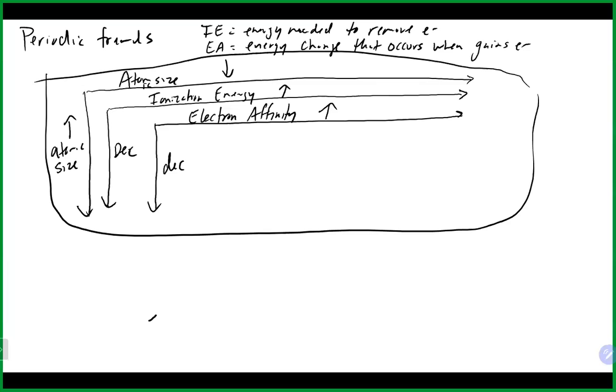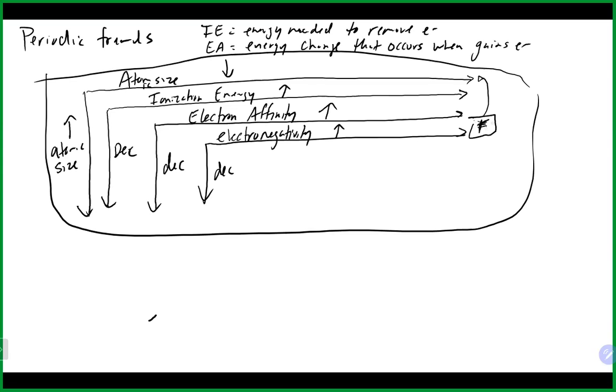And that is not to be confused with electronegativity, which also increases as you go up and to the right and decreases as you go down. Remember, fluorine is really up higher on the periodic table. It's actually up here. But fluorine is the most electronegative element you could have.